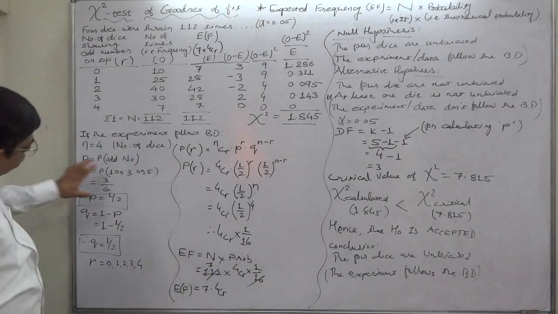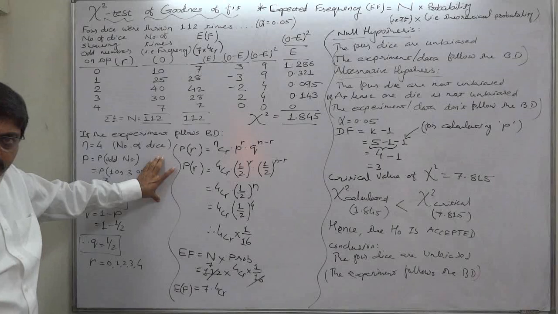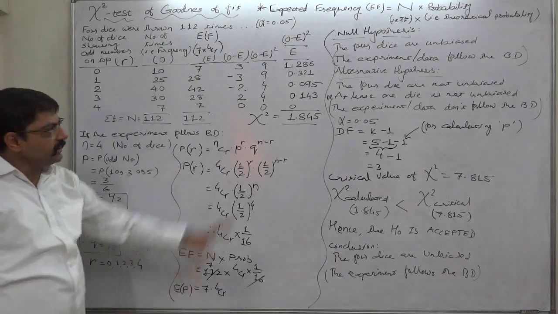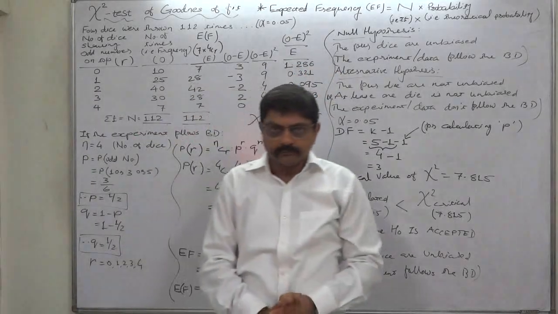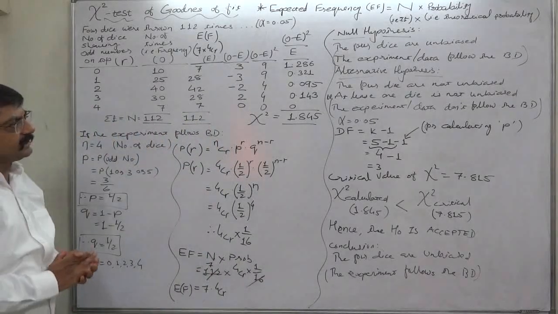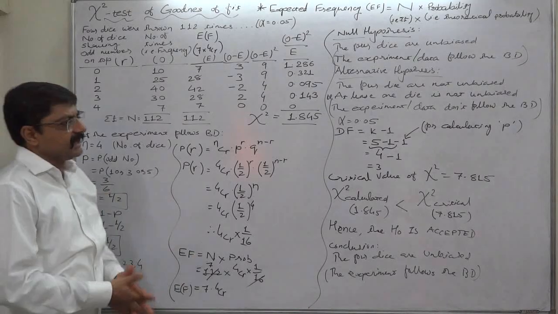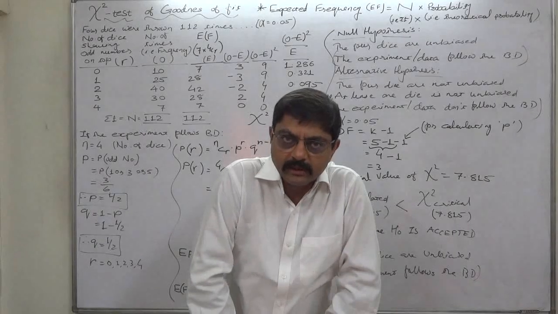In this case, the experiment follows the conditions of binomial distribution. That's why it was possible to test both the kinds of hypotheses. Yes, I hope this unique case will be useful to you to understand the concept of fitting the binomial distribution as well as chi-square test of goodness of fit, whether the data or the experiment follow binomial distribution.